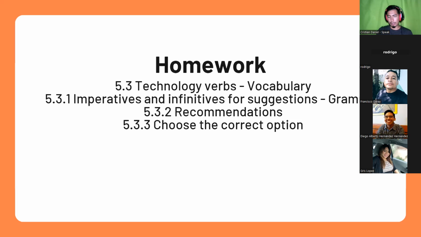Really? Let me check. On the WhatsApp group? Yes. Let's see. I think August 16. Okay.